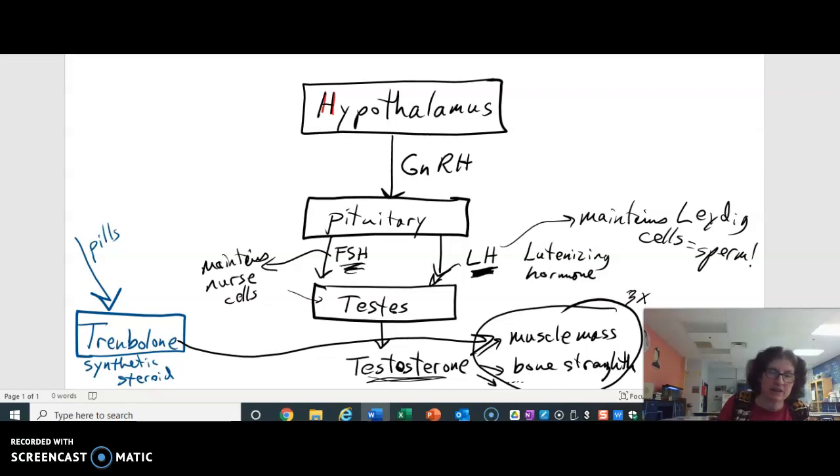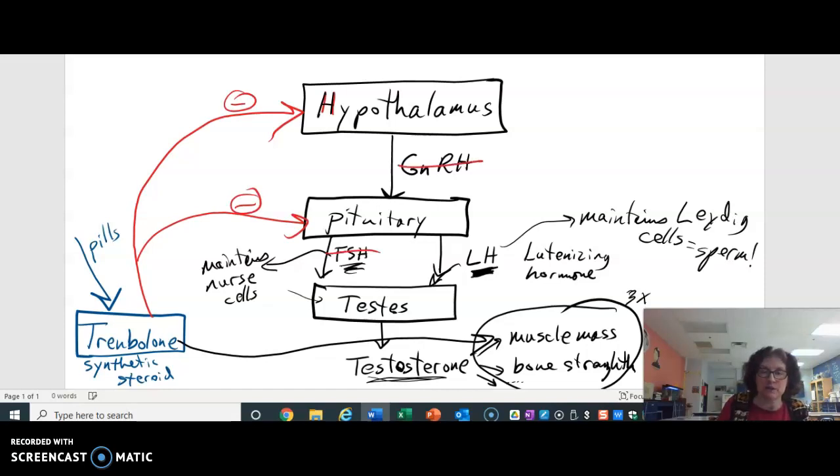And in fact, since it's so similar to testosterone, it is able to negatively feed back on the hypothalamus and the pituitary without these intermediary hormones ever being activated at all.